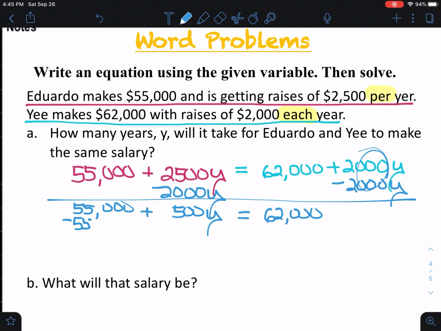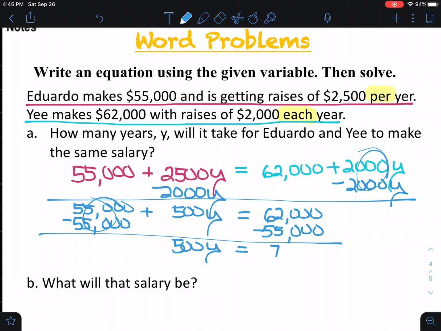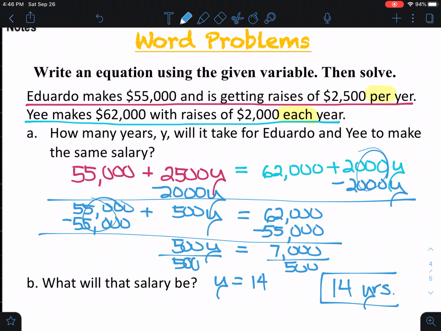So subtract 55,000 from both sides. And I get 500 Y equals 7,000. Okay, last step, divide by 500 on both sides. So Y is equal to, if you divide that, you'll get 14. 14 what? We want our units on there, so 14 years. After 14 years, they will have the same salary.